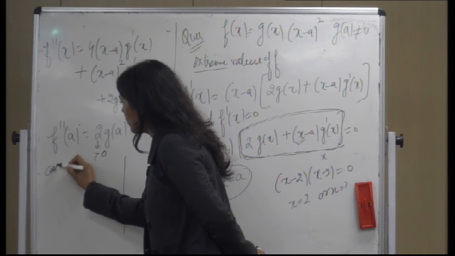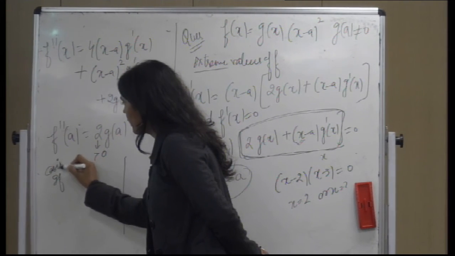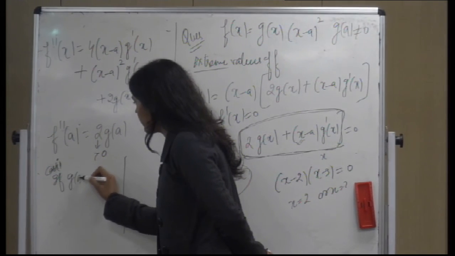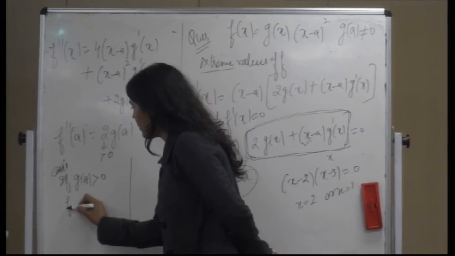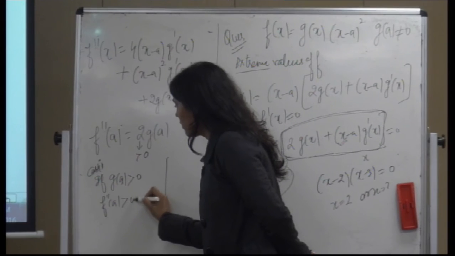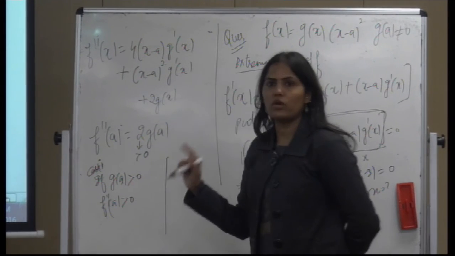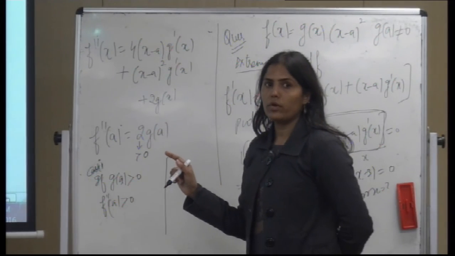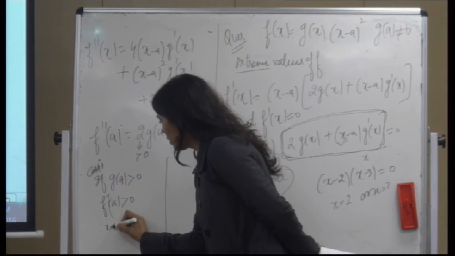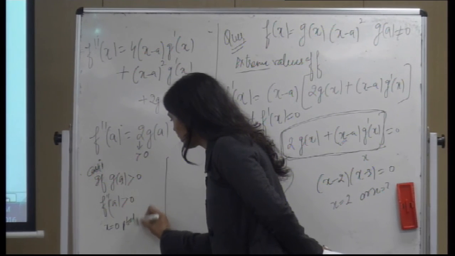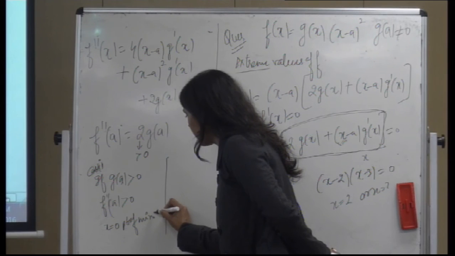So case 1 will be if GA is greater than 0. So f double dash a will be greater than 0, it means x equal to a is a point of minima.